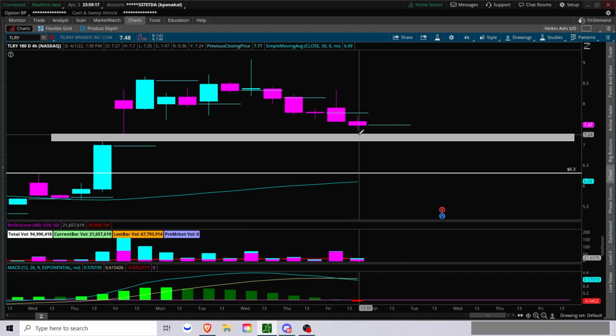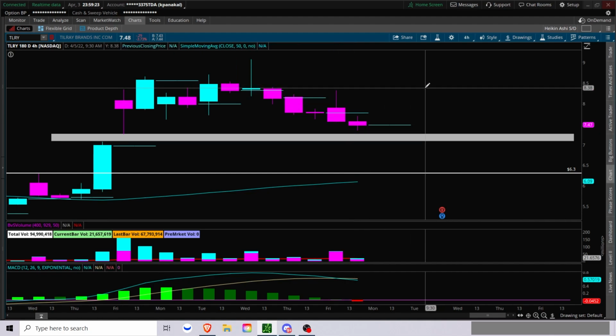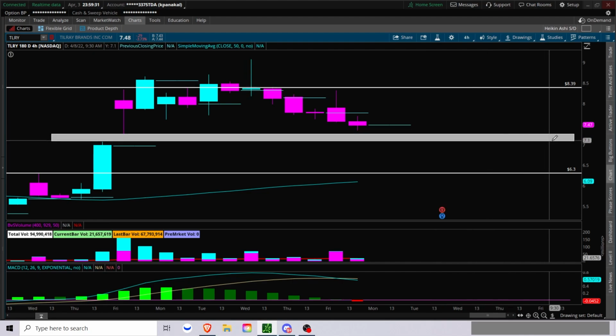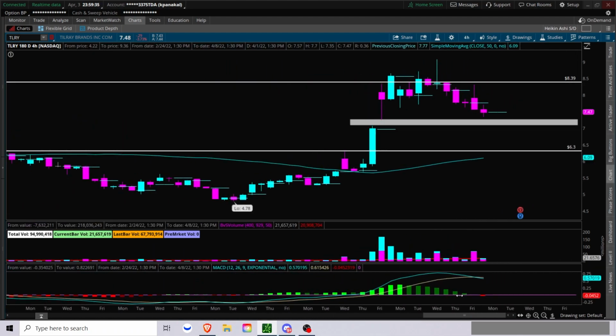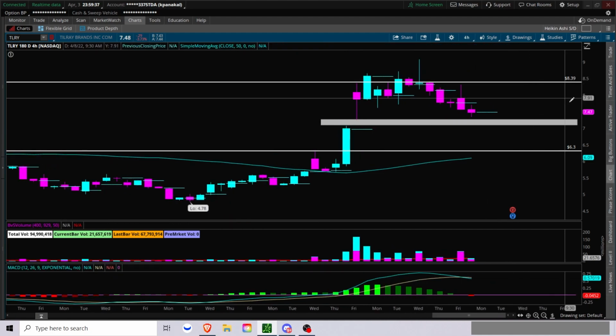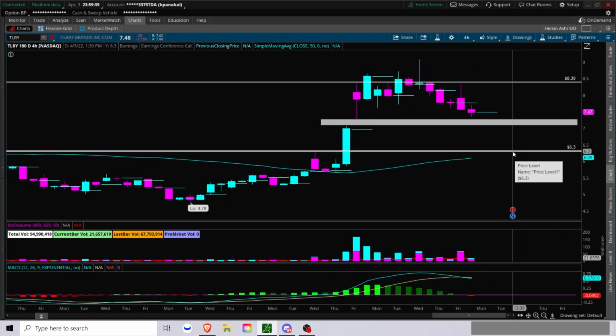Versus if we bounce off this potential gap fill, you could trade all the way up to probably right here, which is 8.40. That's how you would trade that. Those would be your two profit points.